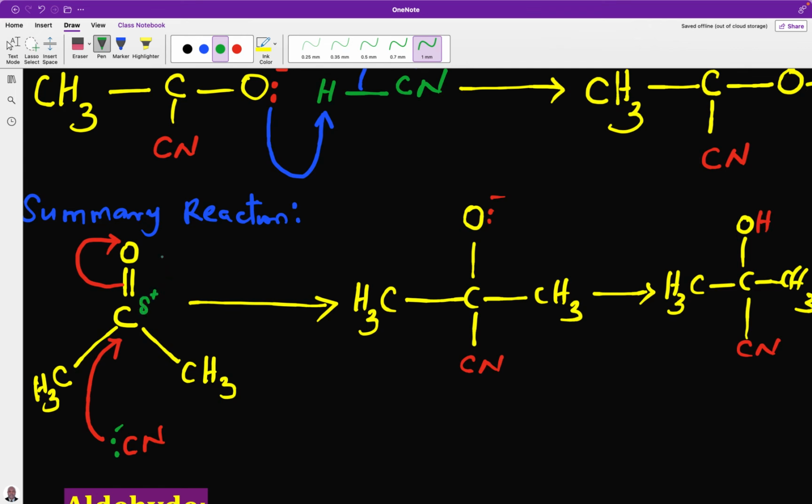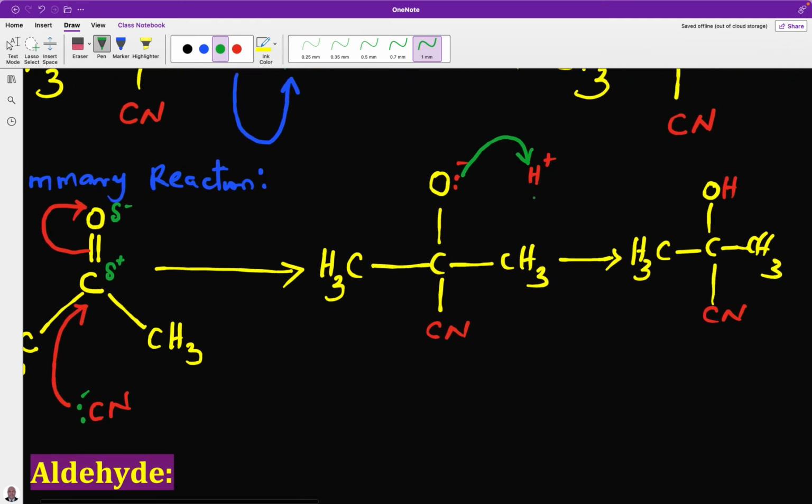Partial positive, and this is partial negative. We have this hydrogen ion, which is picked up by the negative ion. And this is the resultant product that is formed.